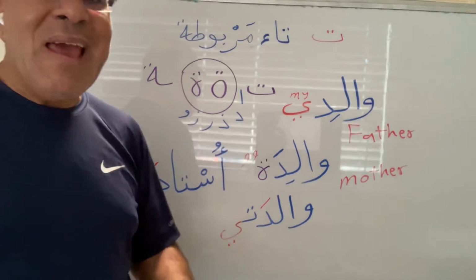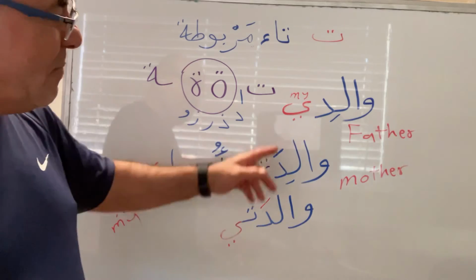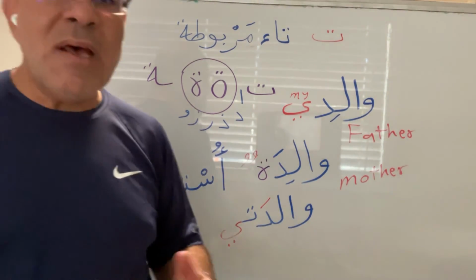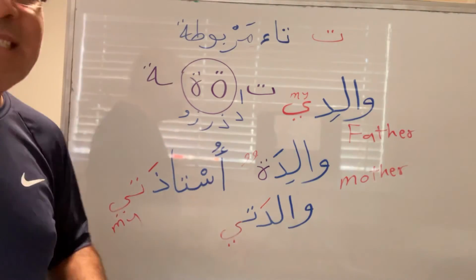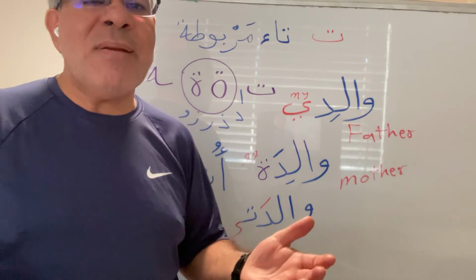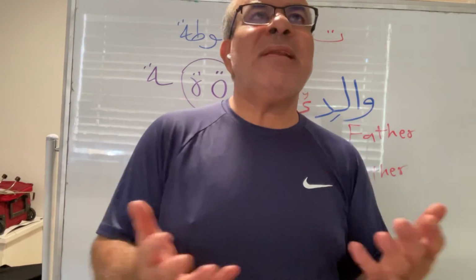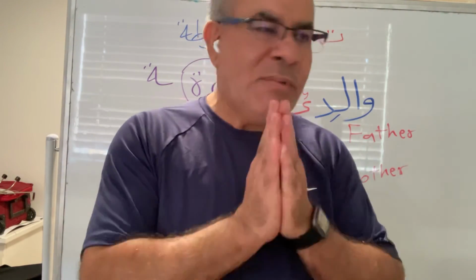Ta marbuta we add to masculine nouns to make them feminine, like walid, walida, ustad, ustada, talib, taliba. Or some words come to us with ta marbuta naturally, and we consider them feminine nouns because they end with ta marbuta.